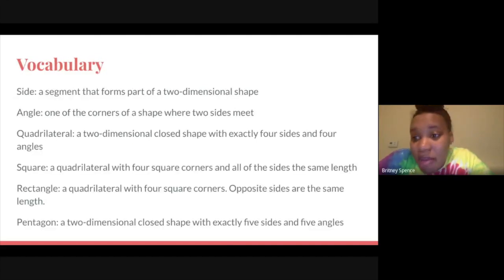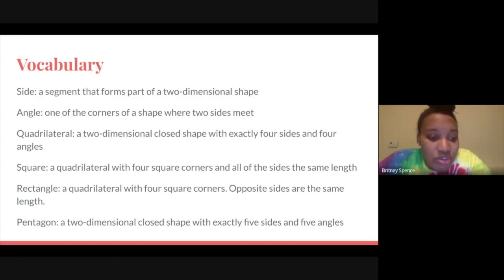Okay, so our vocabulary for this week, we have a lot. So make sure you get a pen, pencil, and a piece of paper and be sure to write them down. And you can pause the video whenever you want to do that. A side is a segment that forms part of a two-dimensional shape. An angle, one of the corners of a shape where two sides meet.